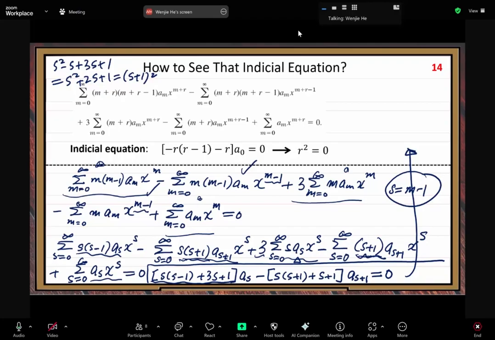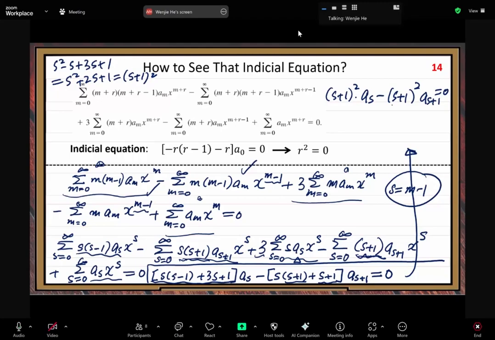So the first one becomes (S plus 1) squared times A_{S+1}, minus, factoring out S plus 1, inside you also have S plus 1 squared times A_S, equals 0.